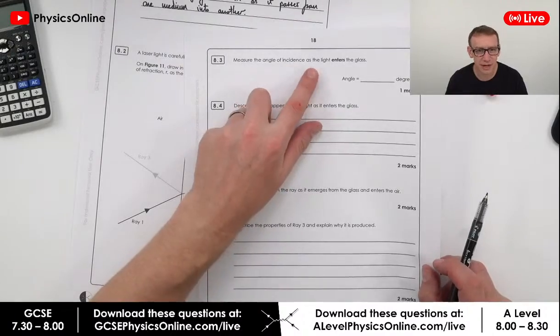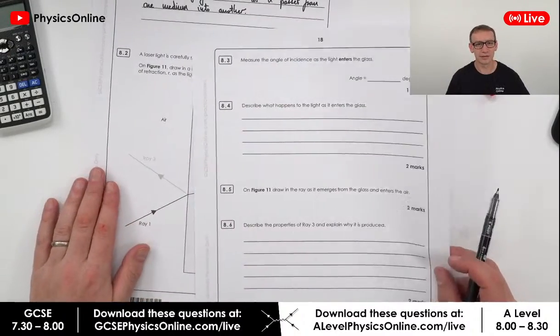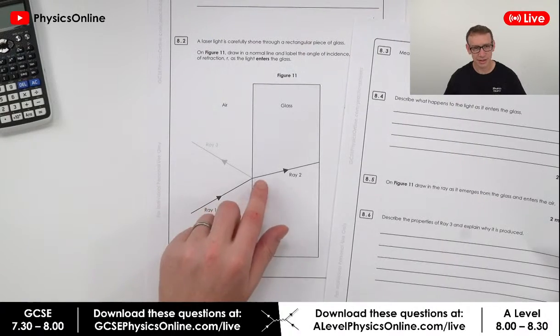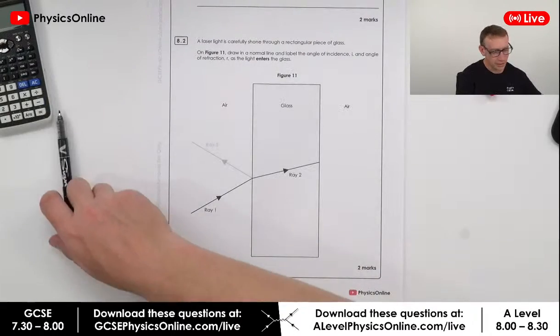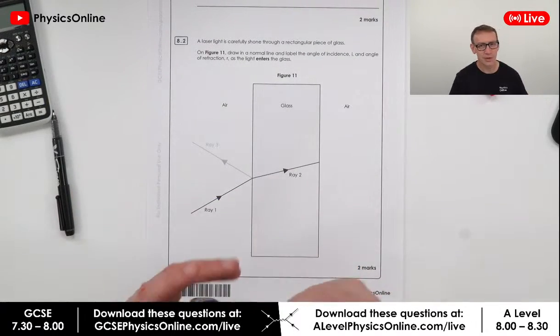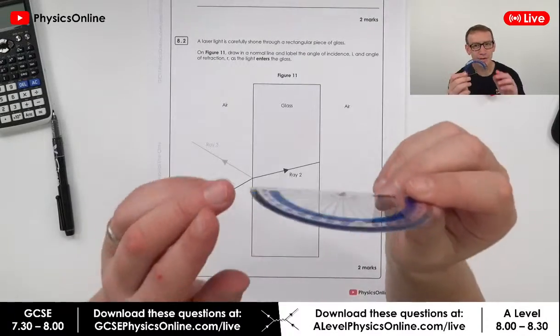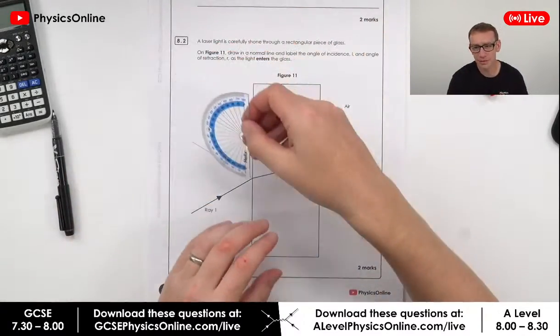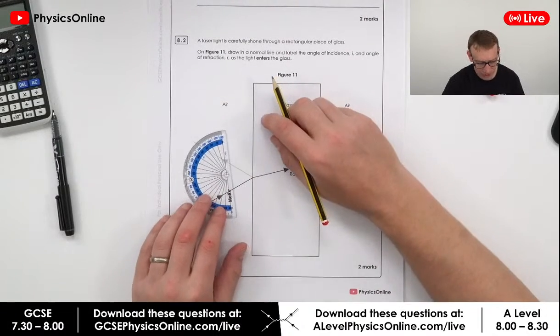And the next question says, measure the angle of incidence as the light enters the glass. Okay, so in order to measure the angle of incidence as the light enters the glass, what I'm going to do is get my brand new protractor. All of you, make sure that you do have your protractor, because you might need to measure an angle in paper 2.